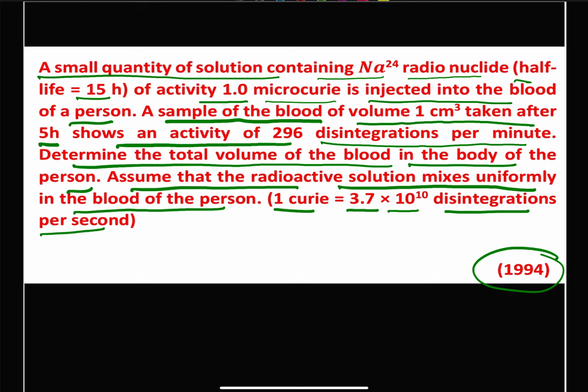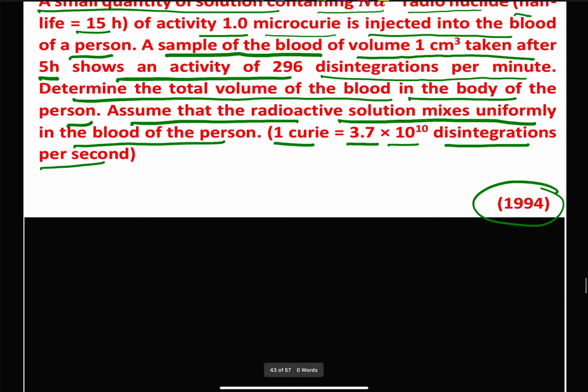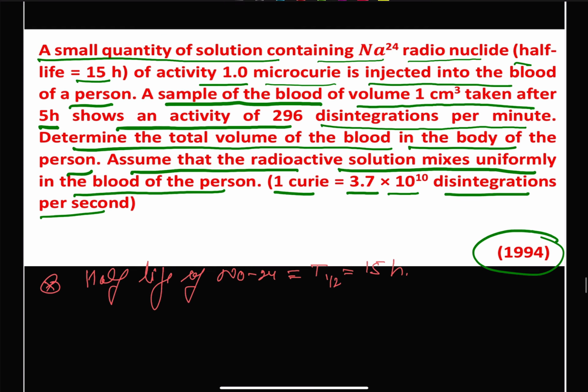Here we are going to find out the total volume, assuming the uniform mixing, and we are given the half-life of Na24. Let us suppose that is our T half, it is given to us as 15 hours, and the initial activity is given to us as 1 microcurie.